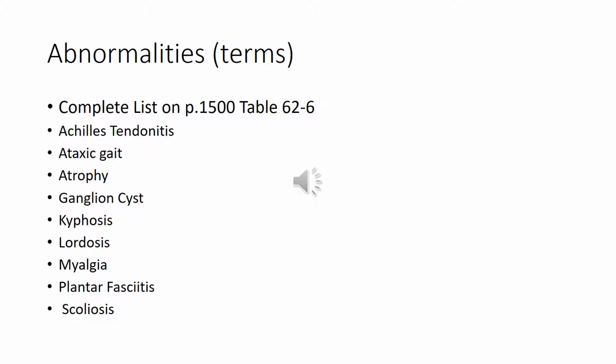Here's an overview of some terms that you should probably go over. There's a long list of them on table 62.6, which would be page 1500 of your book. I just listed the most common ones that I've heard over time on this slide here. Achilles tendonitis is that area behind your ankle. It just feels like a pulling or tightness, and sometimes joggers may get this.